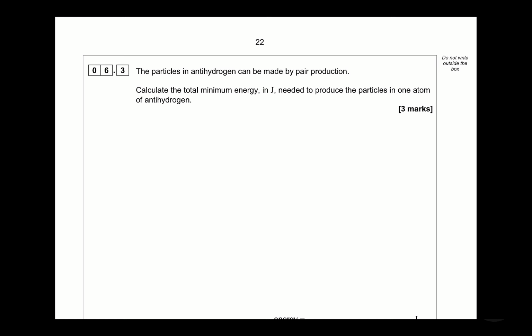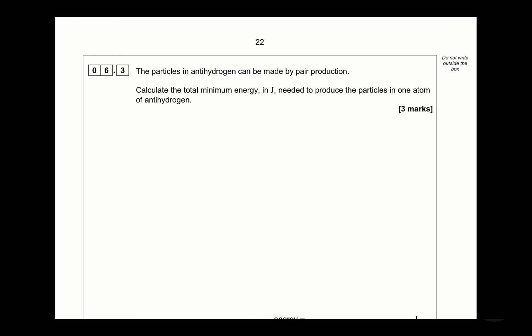Well, what is that made of? It's made of one antiproton and one positron. So we need to look at the rest energy of a proton and the rest energy of an electron, because those will be the same values for the positrons and the antiprotons.